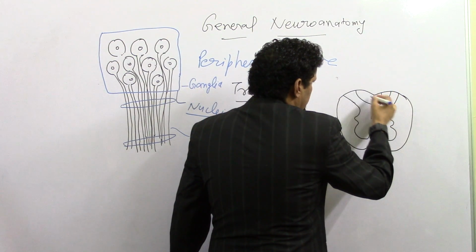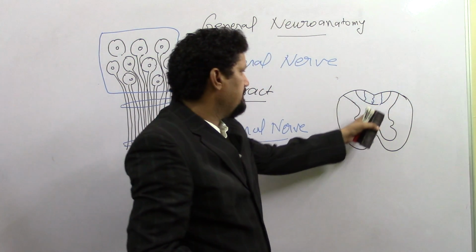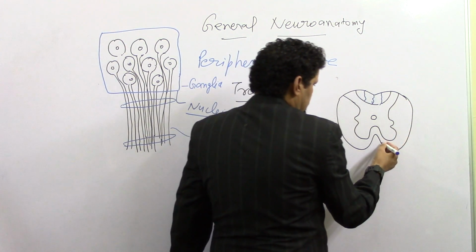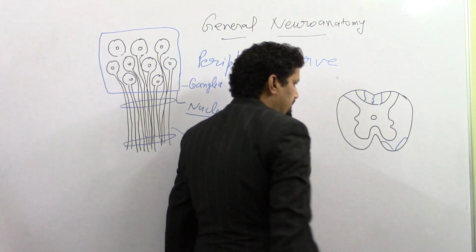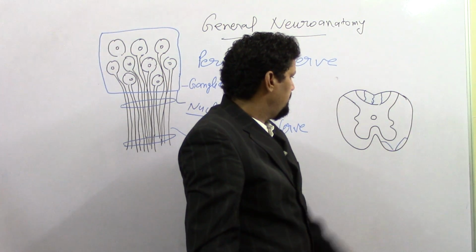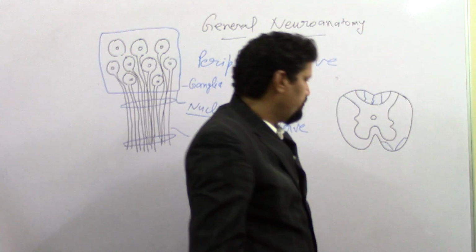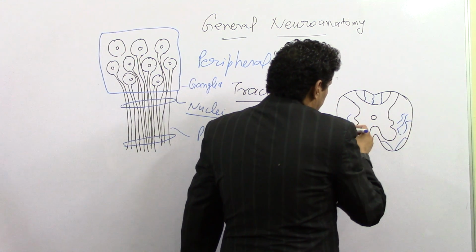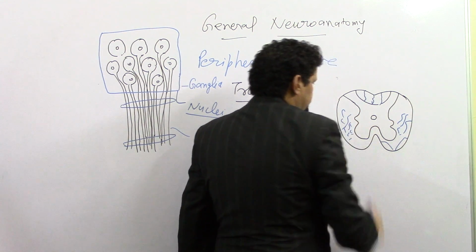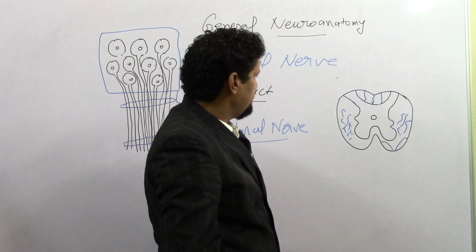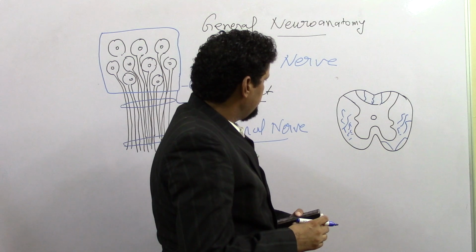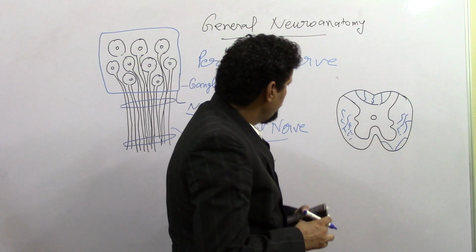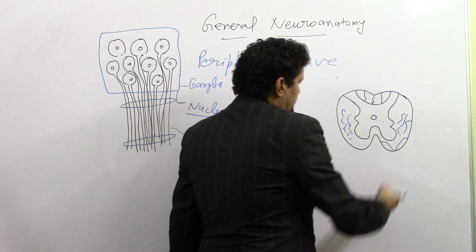This is dorsal funiculi having fasciculus gracilis and fasciculus cuneatus, and here are anterior and lateral spinothalamic tract, spinocerebellar tract, and spino-olivary, spino-vestibular, spino-tectal, spino-reticular, and some descending tracts like corticospinal tract, rubrospinal, and reticulospinal, tectospinal tracts.